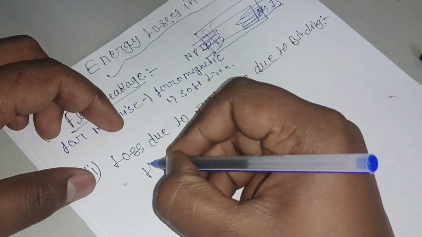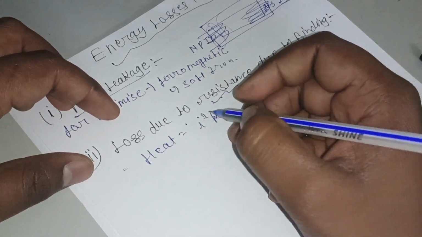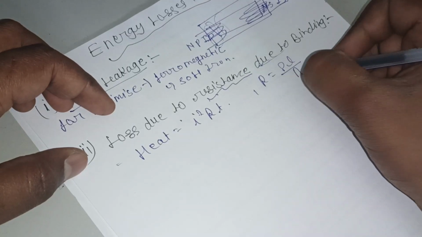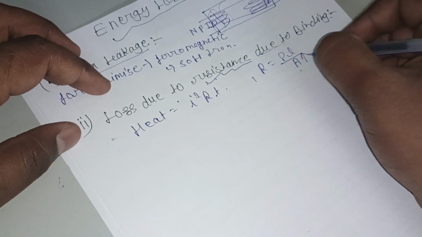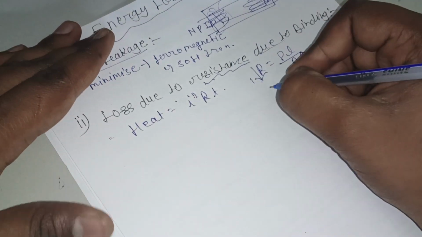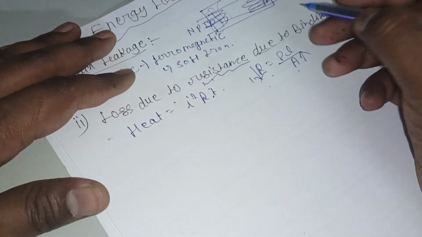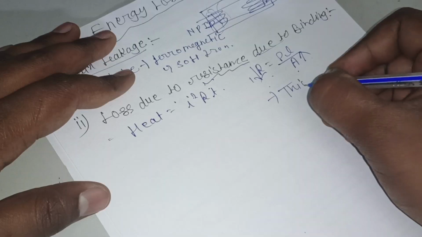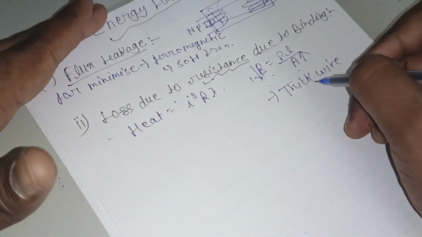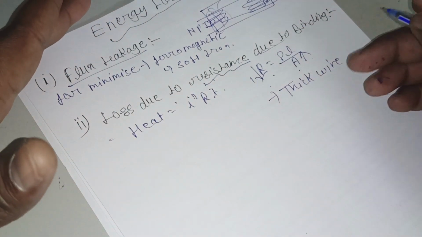So we know the heat formula is I square RT, and we know resistance is equal to rho L by A. To minimize it, we can increase the area. If we increase the area, the resistance will automatically decrease. So to minimize the resistance, we have to increase the area, means use a thick wire. It is obvious that current will flow smoothly and it will offer less resistance.